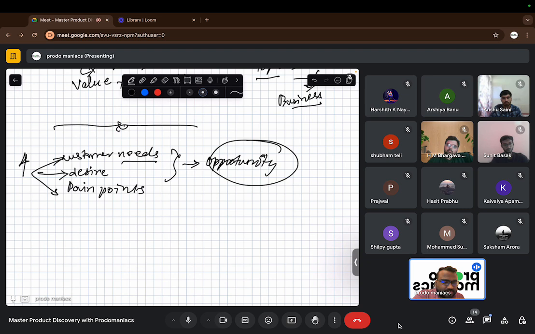Pardon my handwriting. So we consider these needs, desires, and pain points as the opportunity for any product. This is an opportunity for you. Like startups say, I think Blinkit has an opportunity to become the next quick commerce wherein they can replace Flipkart. So it's an opportunity for delivering an iPhone in the next 10 minutes, right? It's an opportunity because that is what the customer needs.